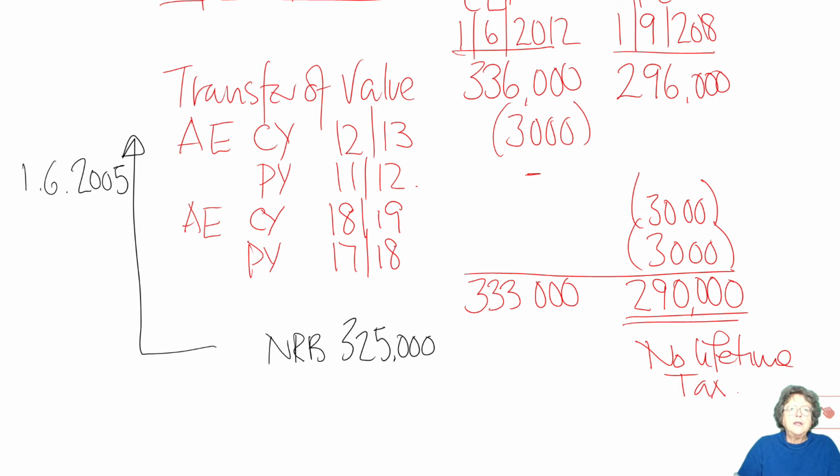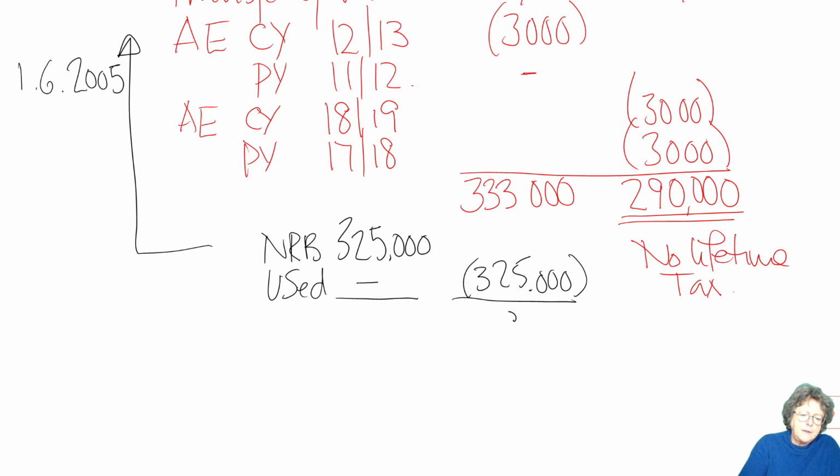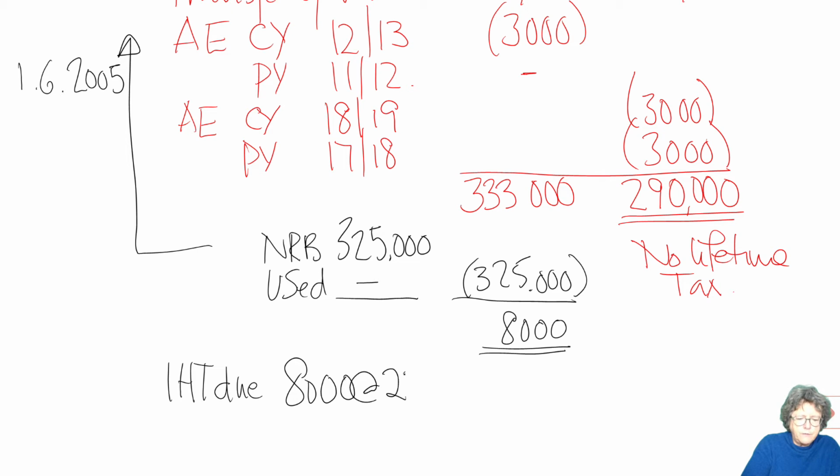Were there any chargeable transfers in that time? Well, no, there wasn't. There was only a PET, and that's not chargeable. So used, nothing. So the whole of that 325,000 can be deducted from there, leaving 8,000 taxable. So the IHT due: the 8,000 will be taxed at 25% because she is paying the tax.